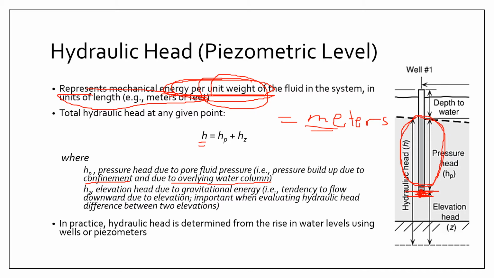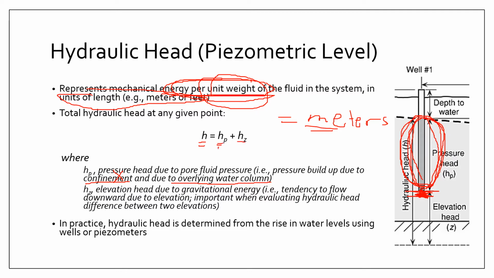For this illustration, this is an unconfined aquifer, so we don't have confinement at this point, but we do have an overlying water column, which is this column. This column of water is exerting pressure at the bottom at this point. That is H sub B.